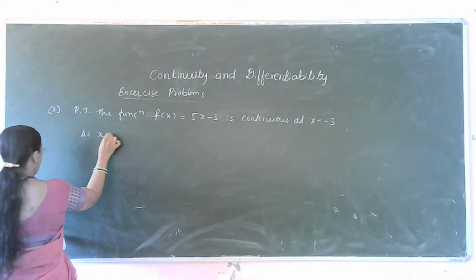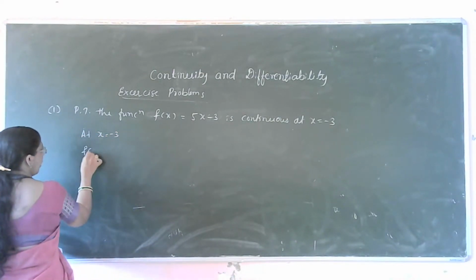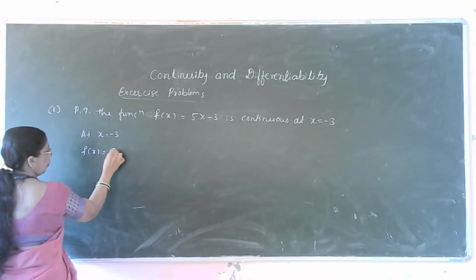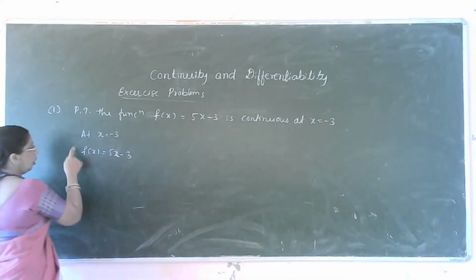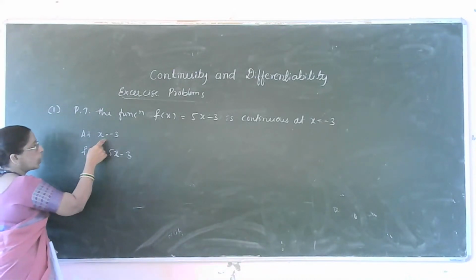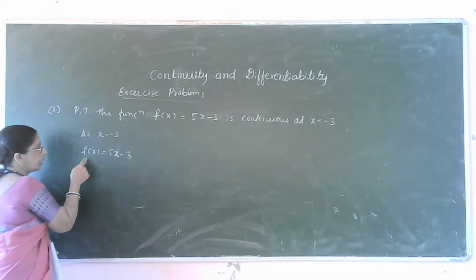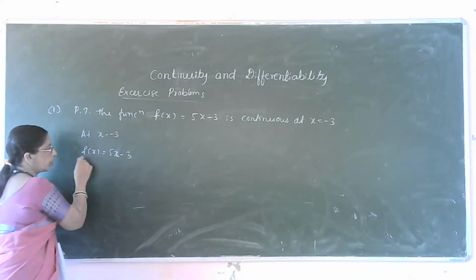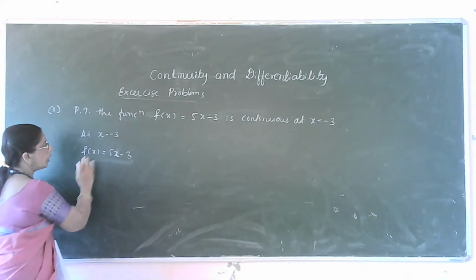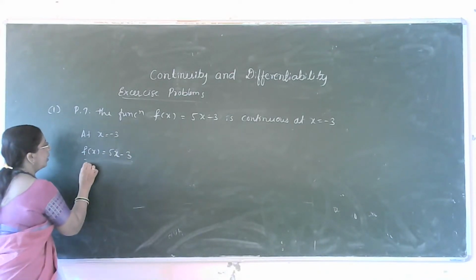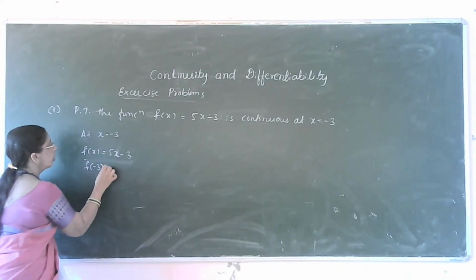At x equal to minus 3, f of x is equal to 5x minus 3. You learn the steps. This is the function, and we put the value of minus 3 in the function.